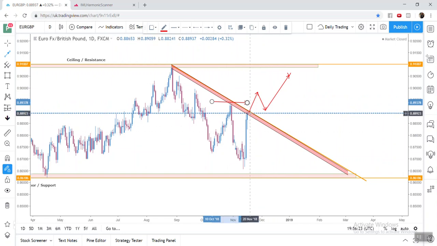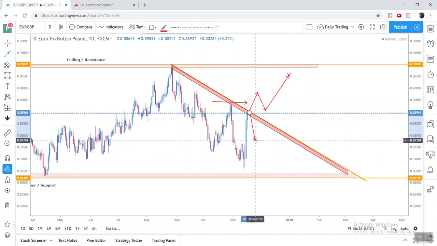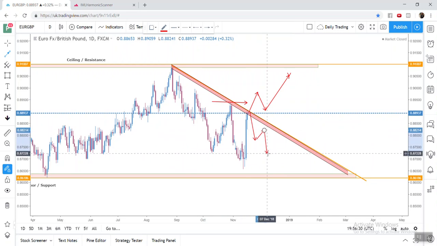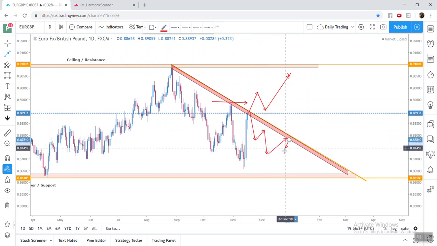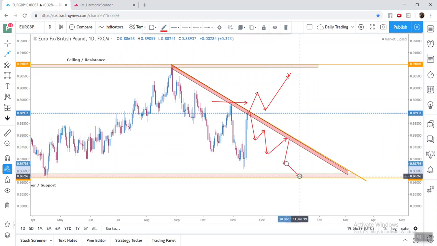Or, of course, it could come down and interact with our trend line some more until it gets down here, and then it's got another decision to make.